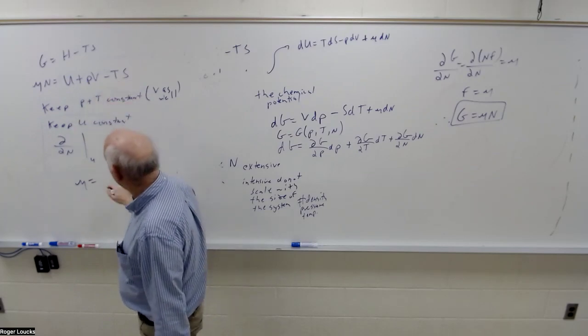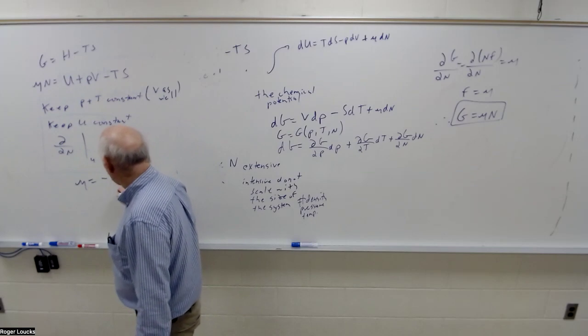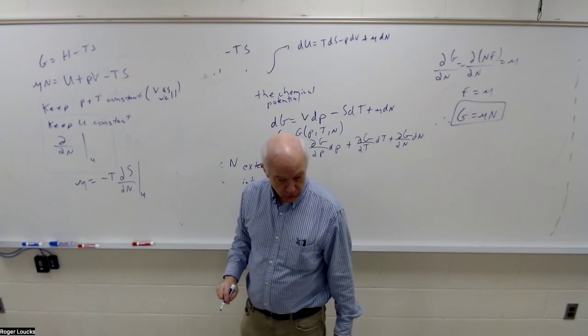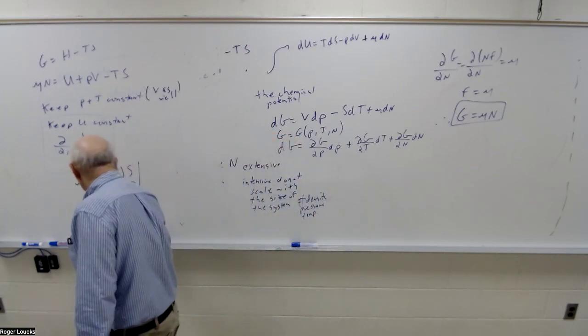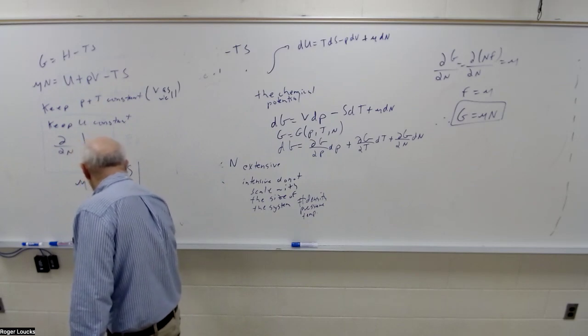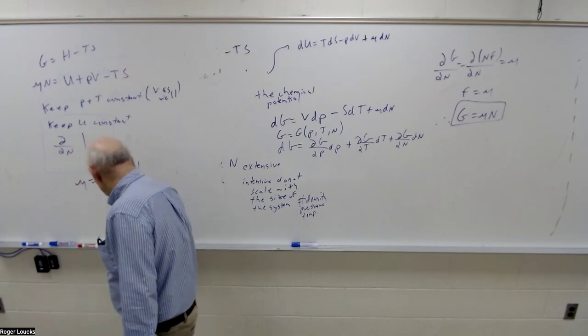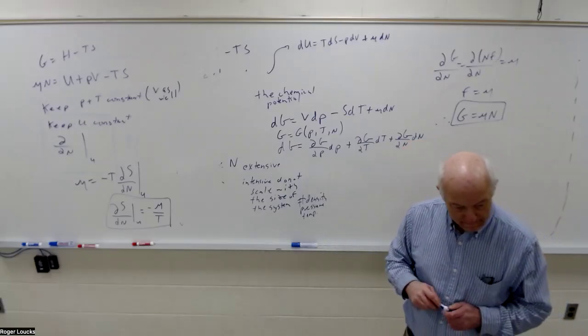This term is minus T partial of S with respect to N. This is at constant U. So what I have here is that the partial of S with respect to N at constant mu equals minus mu over T. And we're going to need that today. Constant mu, P, and T.